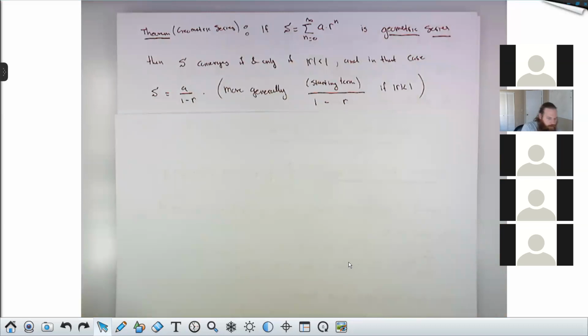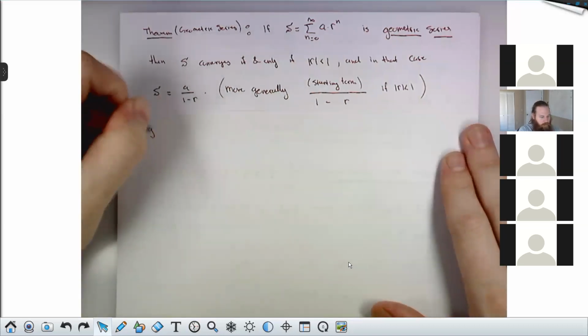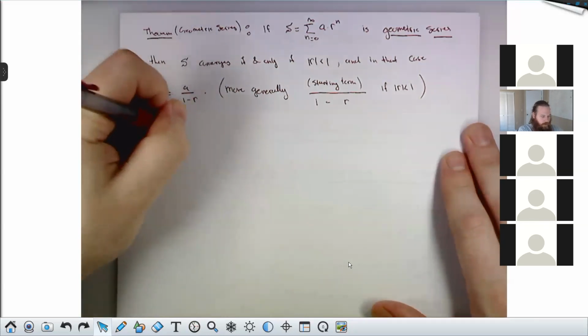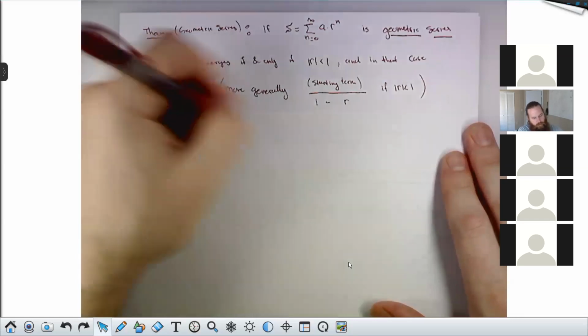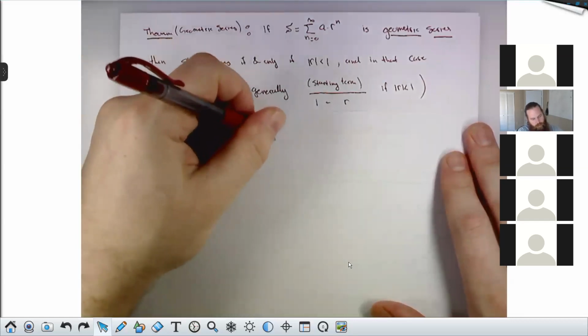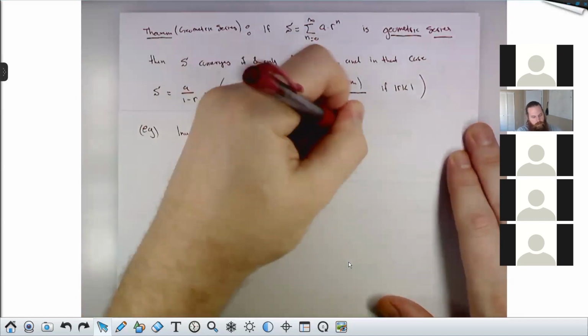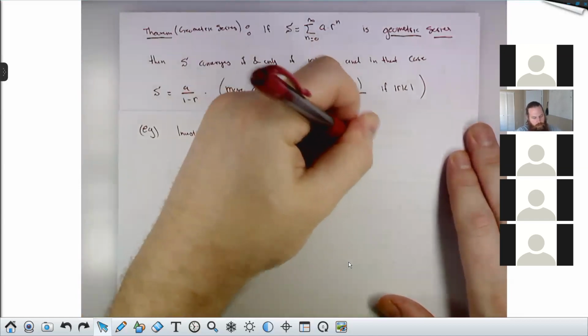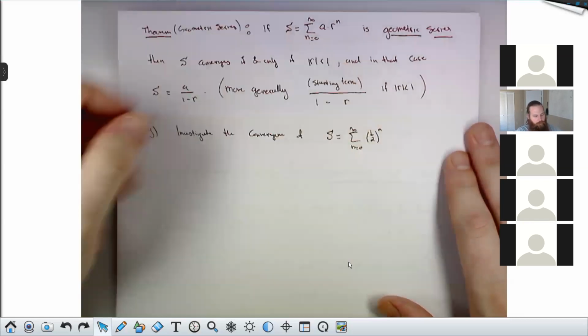So we can return to the series we were playing with and made that guess about a minute ago. I could say investigate the convergence of the series s equals sigma n from 0 to infinity, 1/2 to the n.